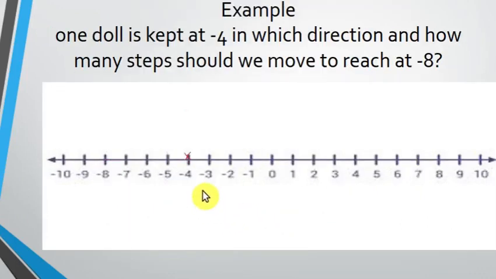Next, for example, I am going to do this. One doll is kept at -4. Here at -4, I am keeping one doll. In which direction, and how many steps should we move to reach -8? -8 is here. So, left side direction, isn't it?